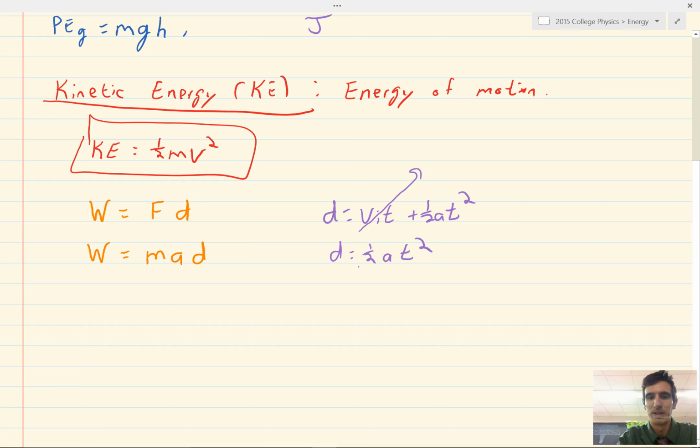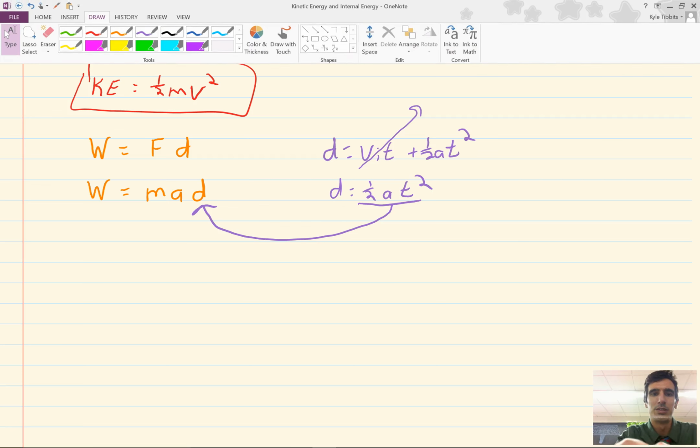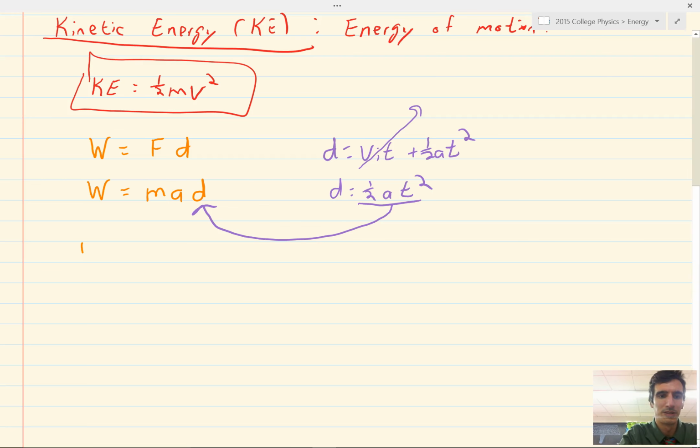And what we're going to do, we're going to plug this in wherever we see a d in the work formula. So we'll plug it in right there. So now we have work is equal to mass times acceleration times all the junk on the right, 1/2 at squared. And let's just expand this.